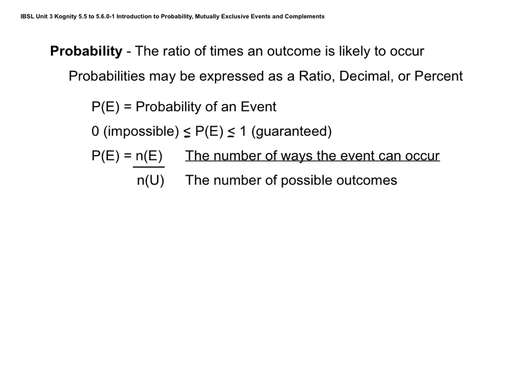Now, probability, this is a basic definition you have, I'm sure, seen before, but it's the ratio of times an outcome is likely to occur. You can express it as a ratio, a decimal, or percent. Please make sure as you're answering questions, if it asks you for the percent, give your answer as a percent.